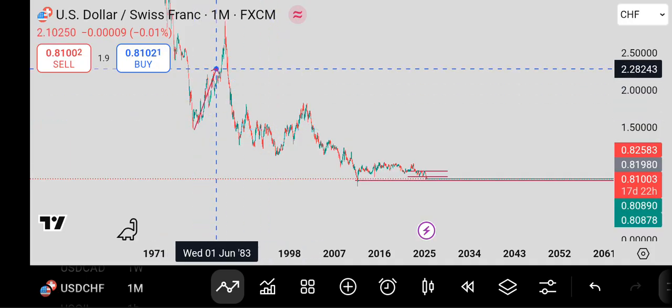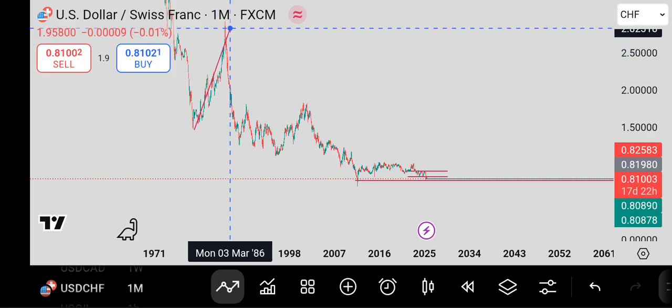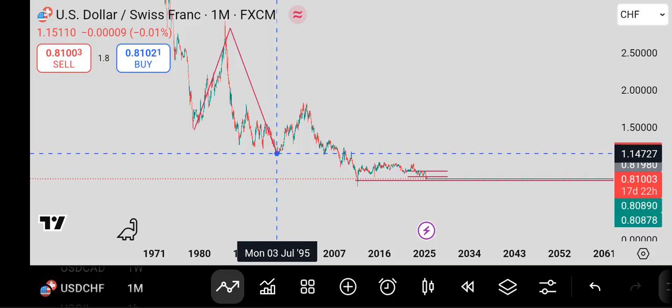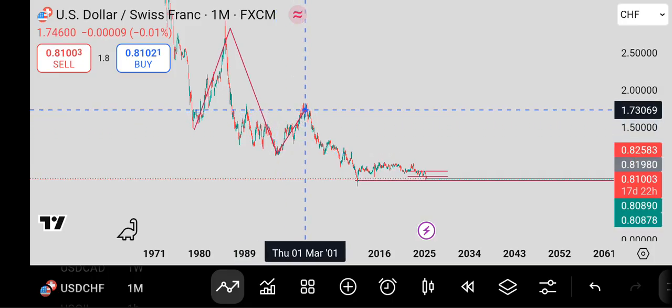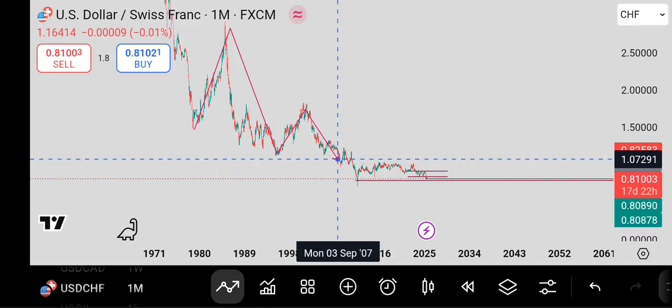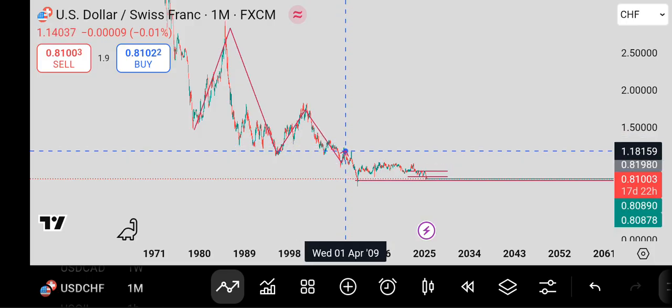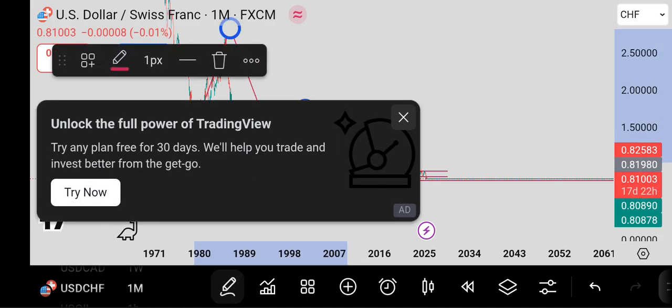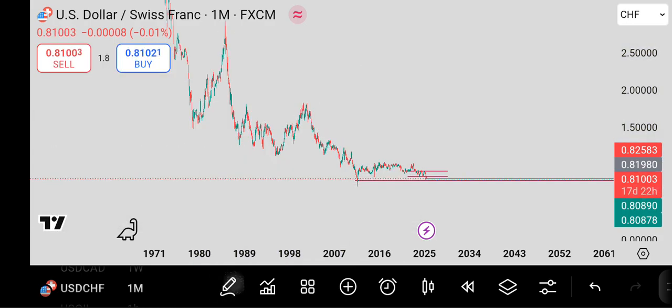The market has been making a series of higher low, higher high... Let me take it again, it's kind of confusing.